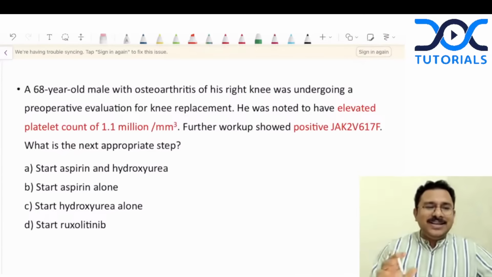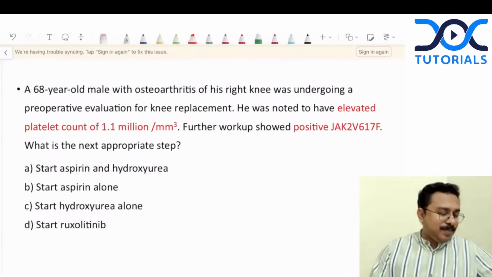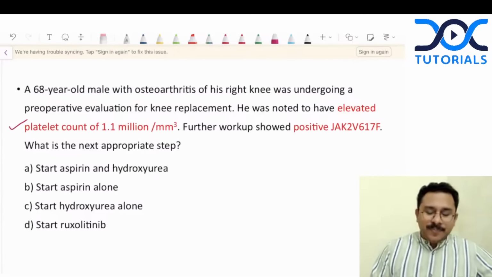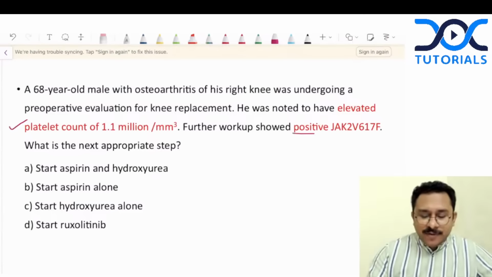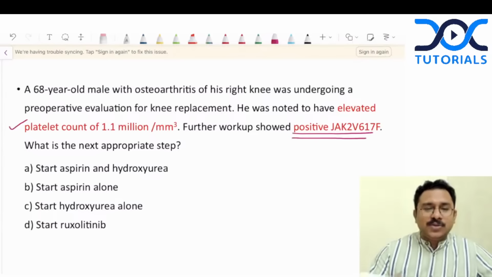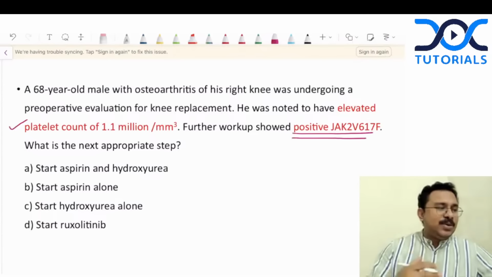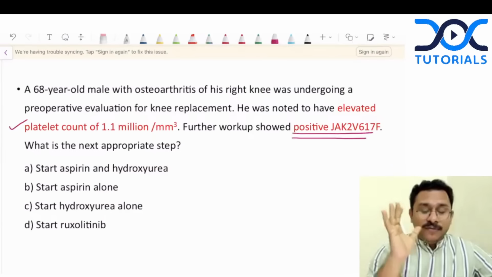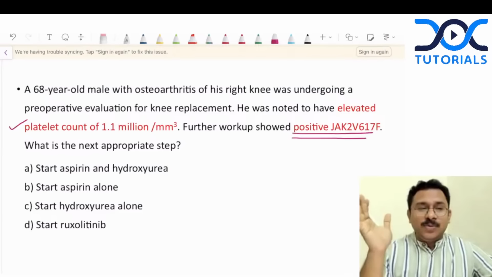So first of all, this is an incidental finding of thrombocytosis. Okay, and there is a positive mutation, right? So what is going to be the diagnosis? Isolated thrombocytosis with JAK2 V617F.